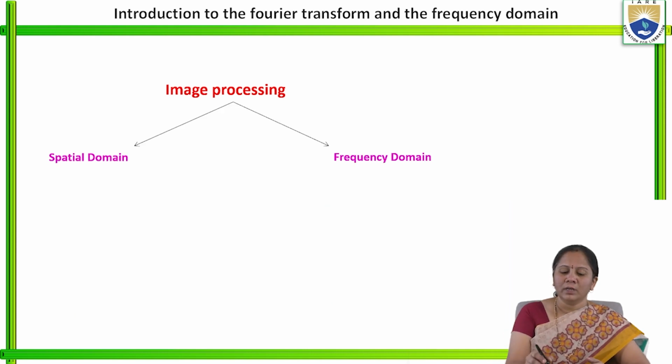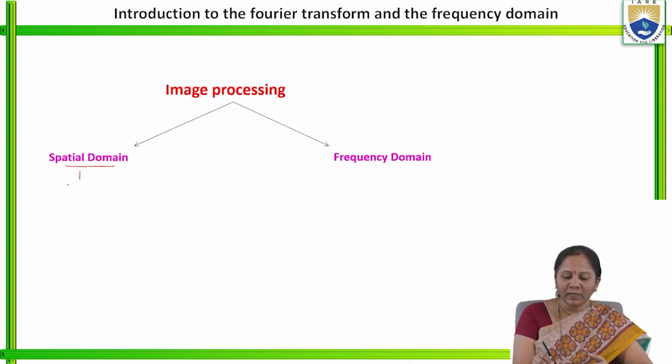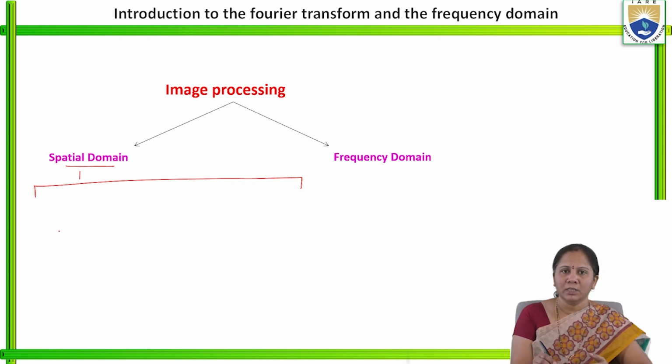Now, coming to the spatial domain, what we discussed in the previous sessions. Let us recall what topics we have learned in the spatial domain, so that we can easily differentiate what we are learning in the frequency domain. In the spatial domain, we discussed two important types of filters.